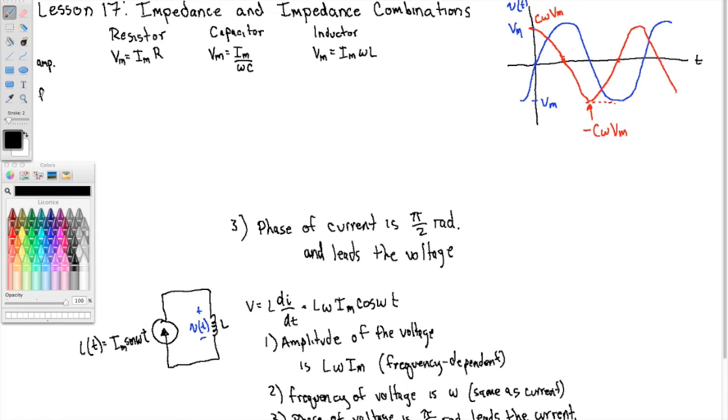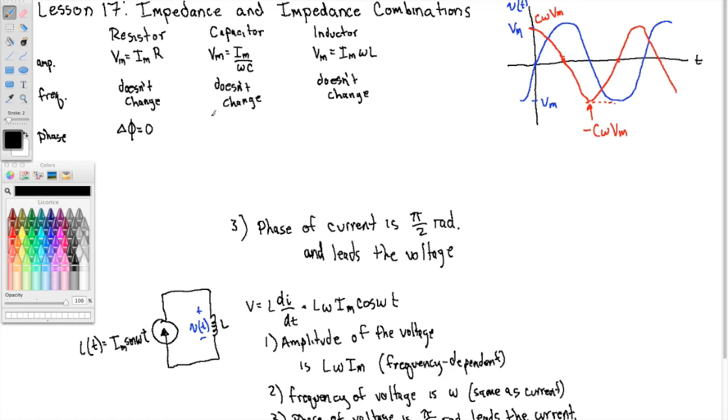All right, the frequency doesn't change. The resistor does not change the frequency. The capacitor does not change the frequency. An inductor does not change the frequency. That's good. The phase. The phase of the voltage and the current were the same. Okay, so I'll write delta phi equals 0.